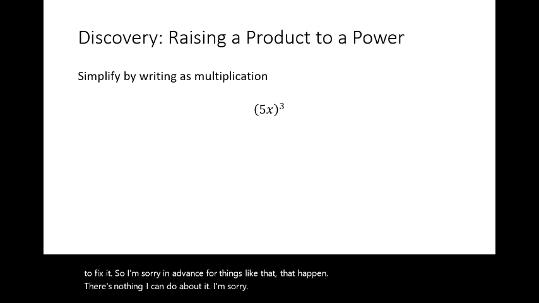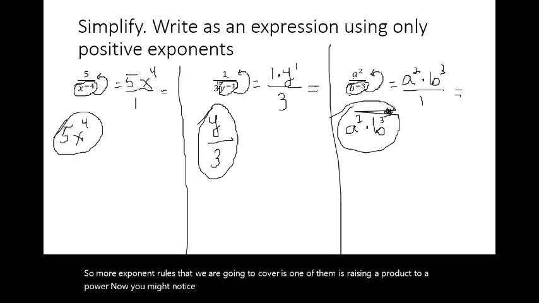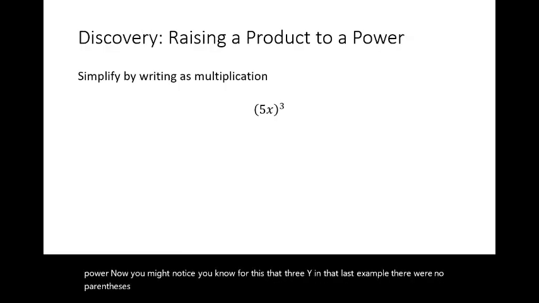Anyways, more exponent rules that we are going to cover, one of them is raising a product to a power. You might notice, for that 3y in the last example, there were no parentheses around the 3 and the y. But if there were, that would mean that everything in the parentheses is being raised to that outside power.